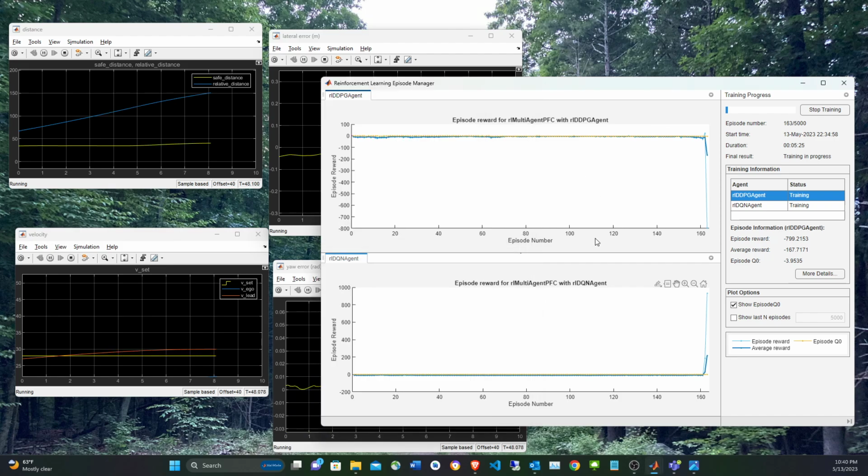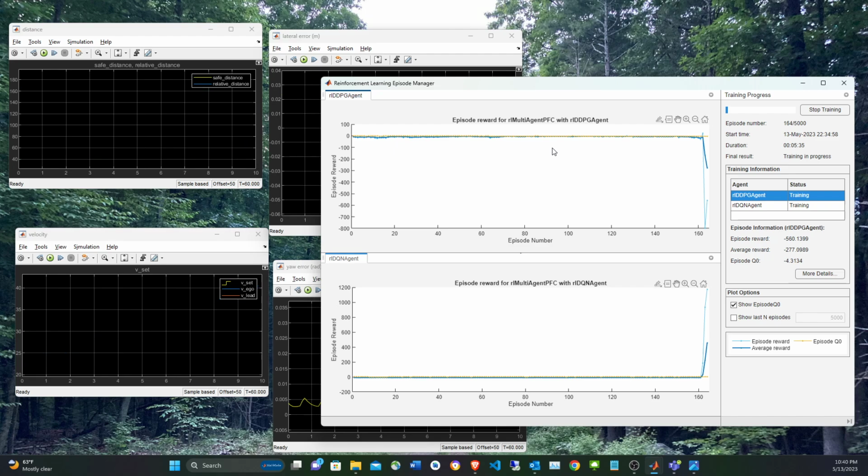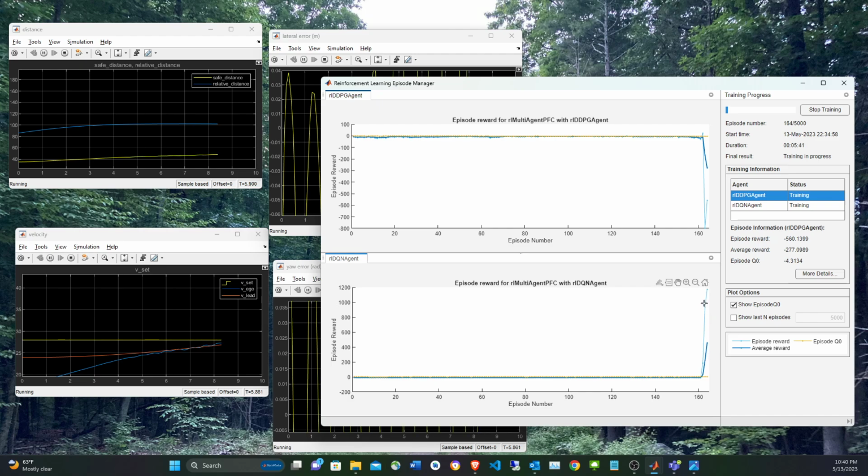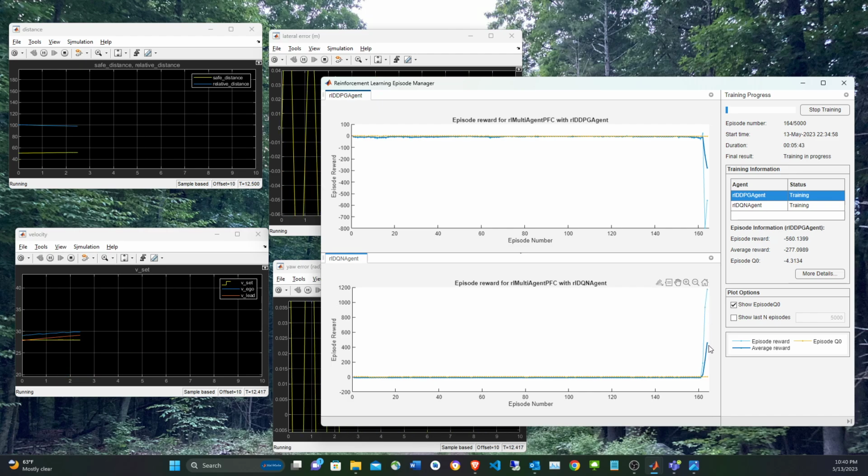So you can see in the progress in here, so far we have been 5 minutes and the average reward is still negative. So both of them are not having yet a good reward. This one is getting a good reward, as you can see. It's getting closer.